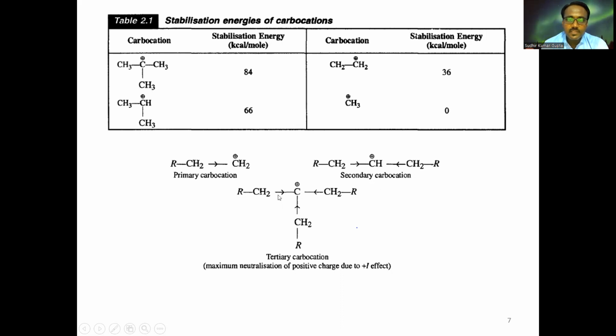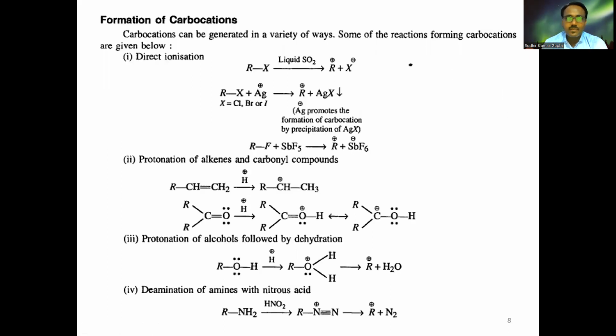From the structure also you can see that in case of primary carbocation, we have only 1 methyl group attached. In case of secondary, we have 2 methyl or alkyl groups attached to the carbocation. In case of tertiary, we have 3 alkyl groups attached to the carbocation. So it causes maximum neutralization of the positive charge on this electron deficient carbon.